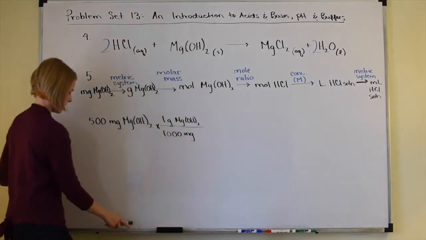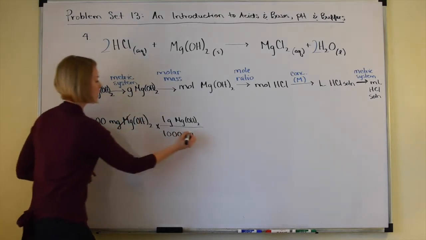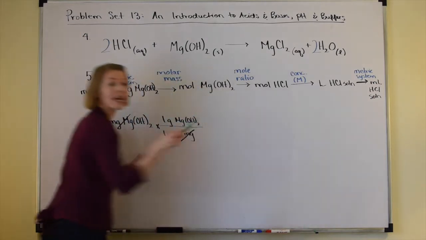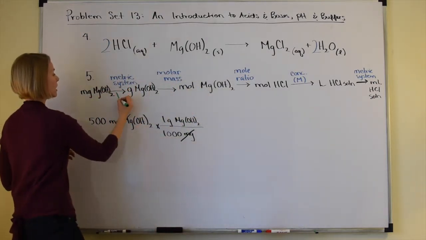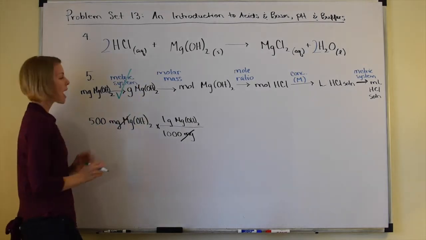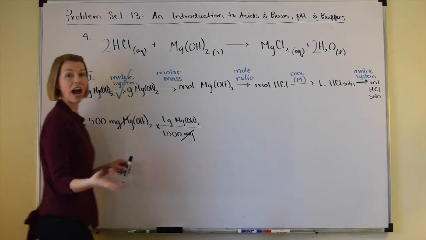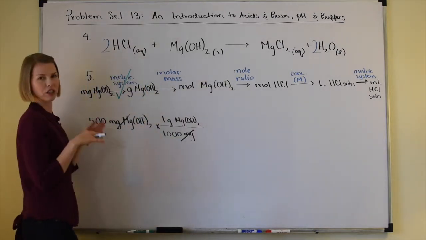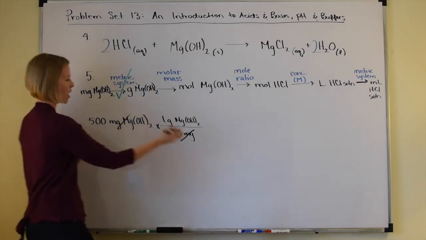So milligrams will cancel, leaving us in grams. And I'm going to use the green pen to check off each step as we go. So we just did step number 1 here. I'm going to keep adding the steps and then pull my calculator out all the way at the end rather than stopping and calculating at each step.